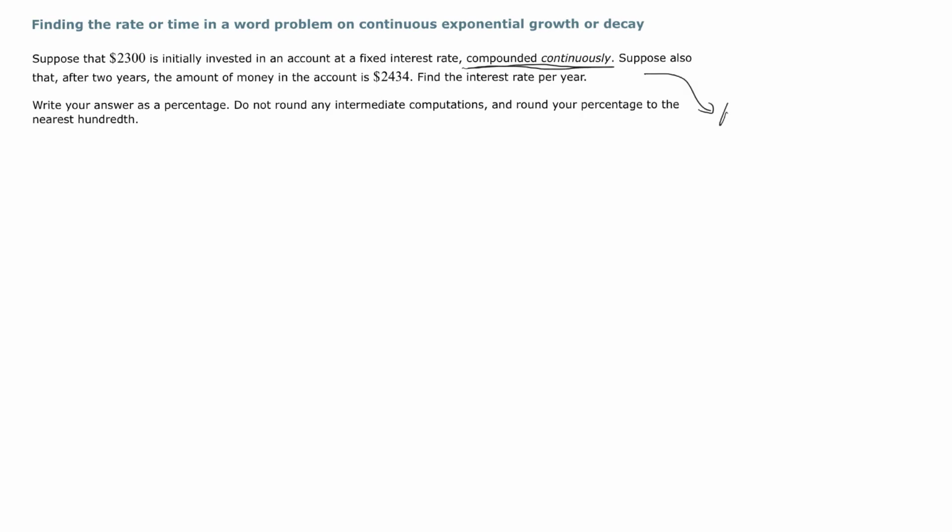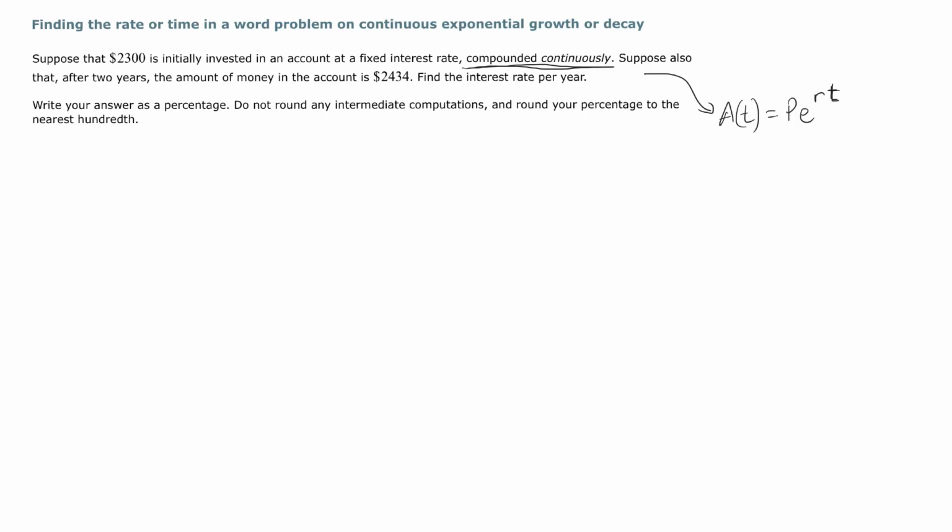That model is a function of time, which is equal to the principal times base e raised to the interest rate times the number of years or hours or days. In this case, it is years.